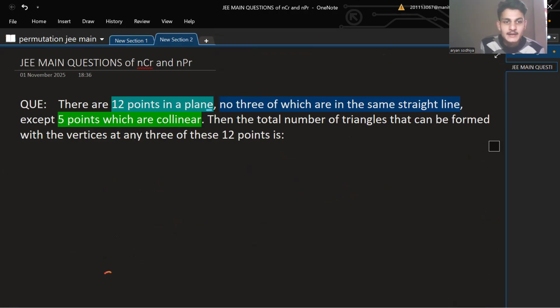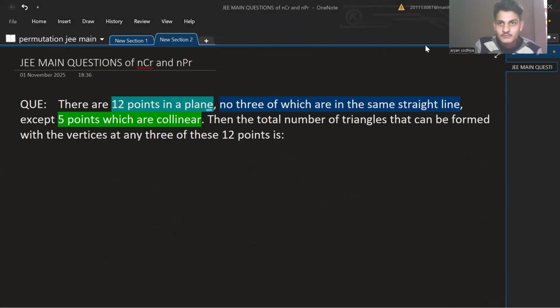So basically the question is asking, 12 points are in a plane. Let's take three cases.